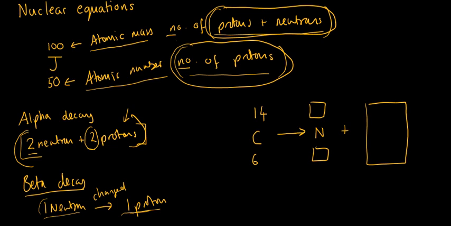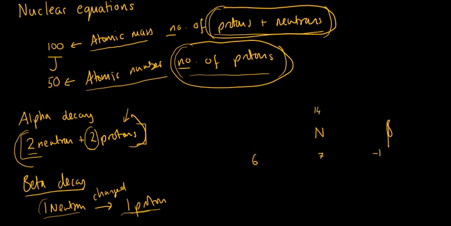Okay, so hopefully you've done that. If it's beta decay, our top number does not change as our total number of neutrons and protons stays the same. Our bottom number is going to increase by 1 to 7, and we have 0 minus 1 E, or beta, as our beta radiation particle.